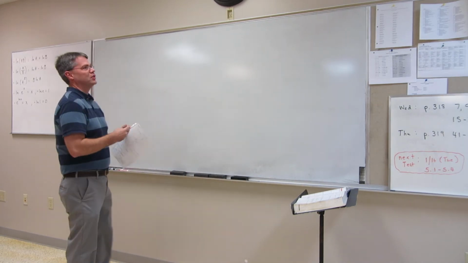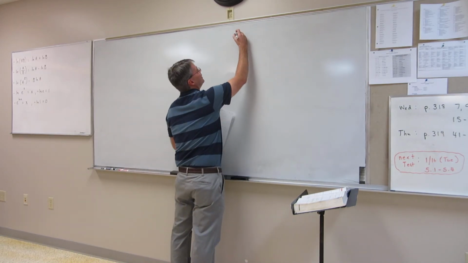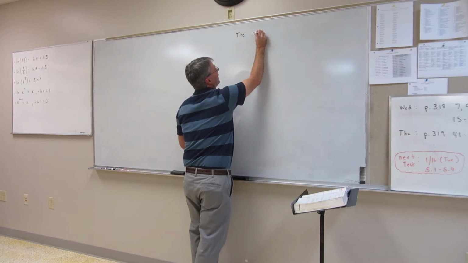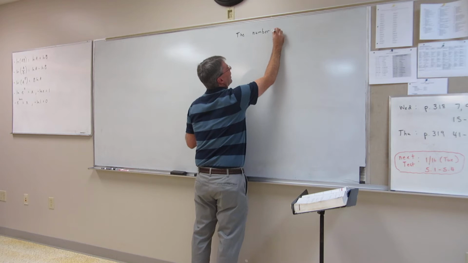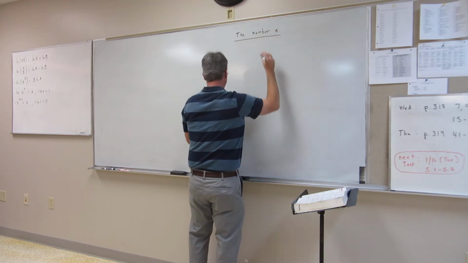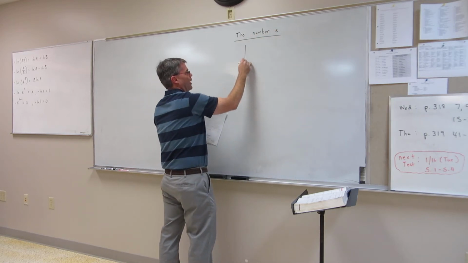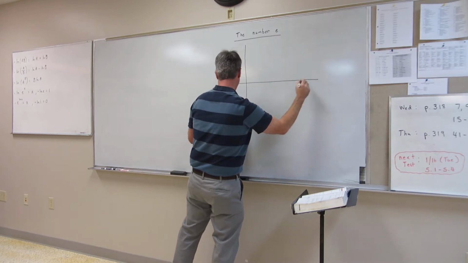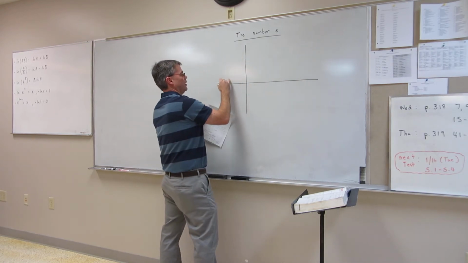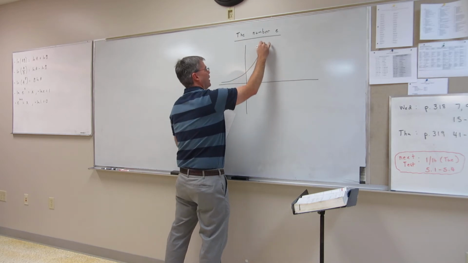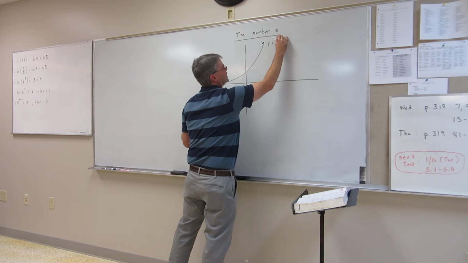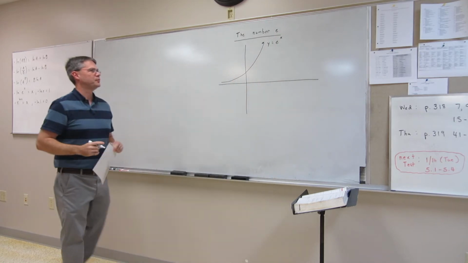Okay, so today we're going to talk about the number e. And draw a graph. And the function y is equal to e to the x looks something like that.